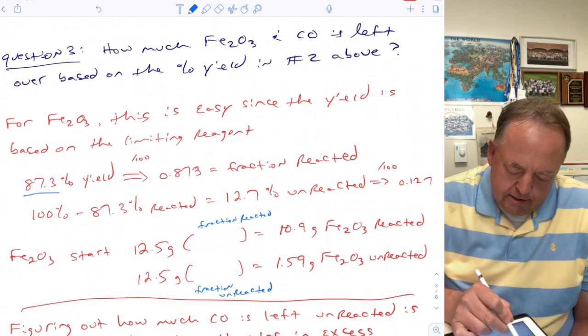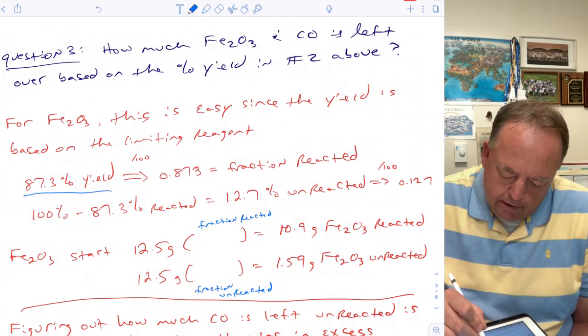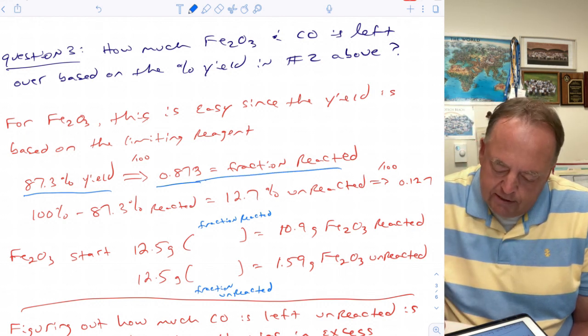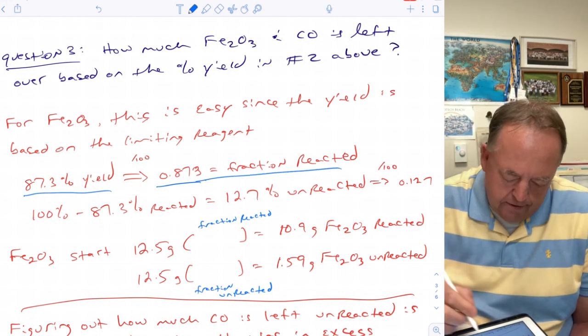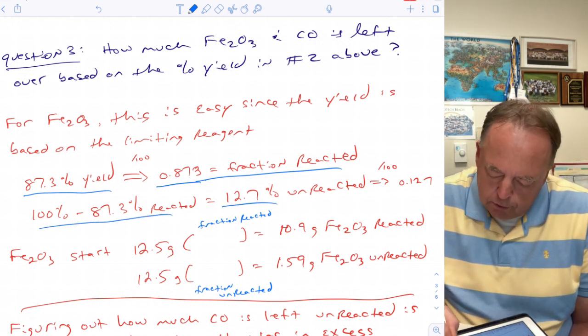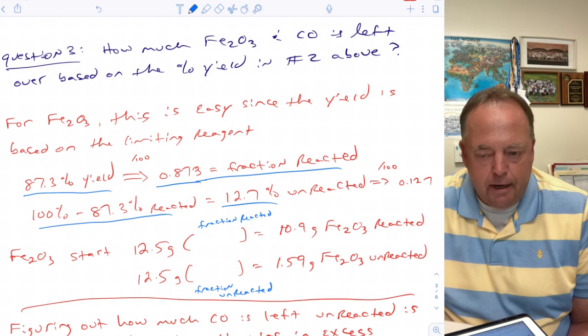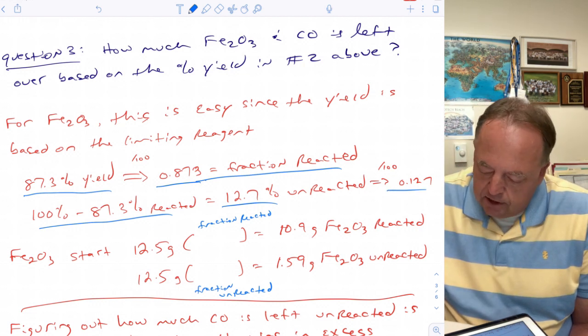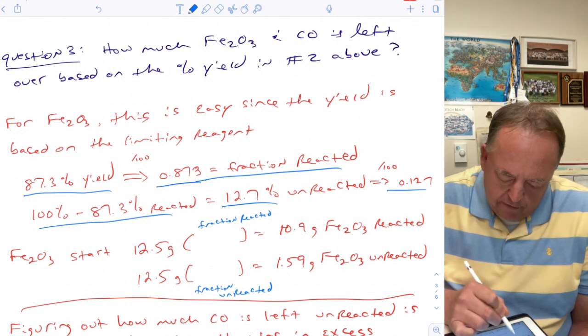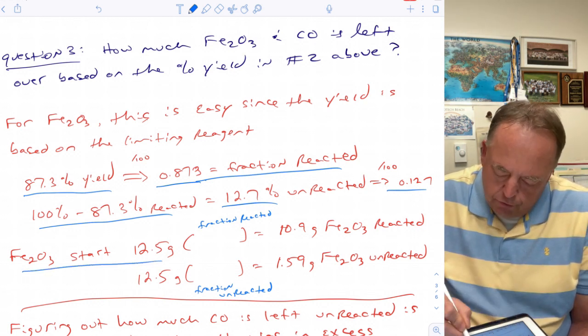We can take your 87.3% yield, divide that by 100 to get back to a decimal. So 0.873 is the fraction that reacted, or 100% minus 87.3% is 12.7%, how much did not react, or the fraction 0.127. We started with 12.5 grams of Fe2O3.